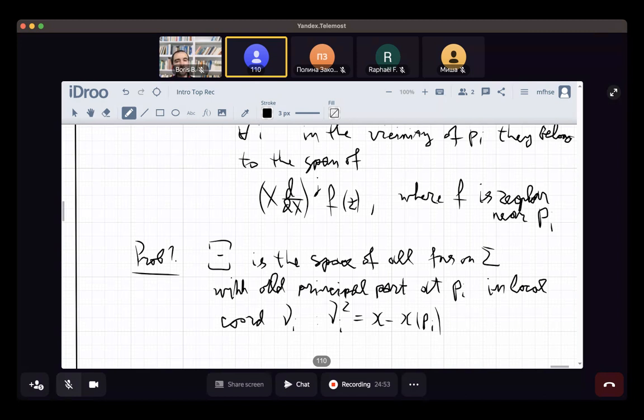And the claim is that the space which we're considering here, this space psi, is precisely the space of functions whose Laurent series at points pi have odd principal part in this local coordinate. So all negative powers, if you consider Laurent series of these functions belonging to the space psi, their negative parts of their Laurent series taken in this local coordinate have only odd terms, odd powers. Okay? Is the statement clear?